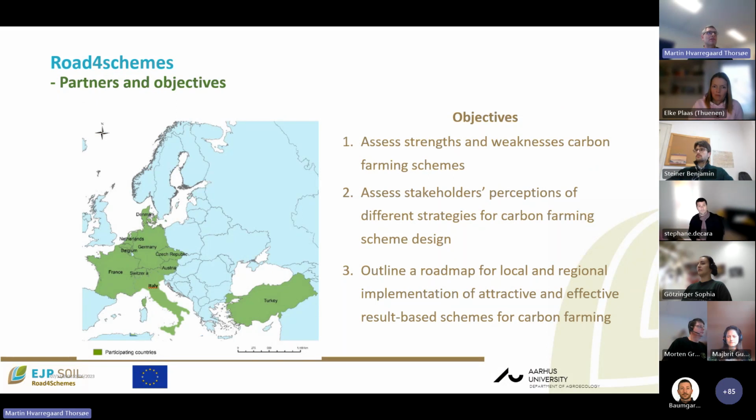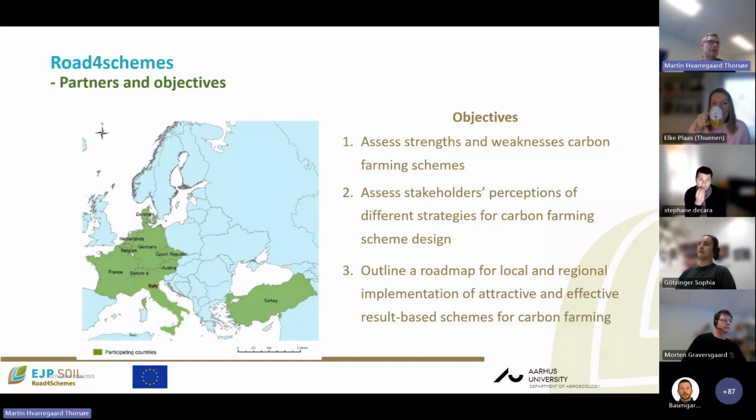First of all, an introduction to the Road for Schemes project. There are 10 partners involved: Denmark, Netherlands, Germany, Belgium, the Czech Republic, Austria, Switzerland, France, Italy, and Turkey. So widely across Europe, we are represented by partners of the EDP Soil consortia in this assessment of carbon farming schemes.